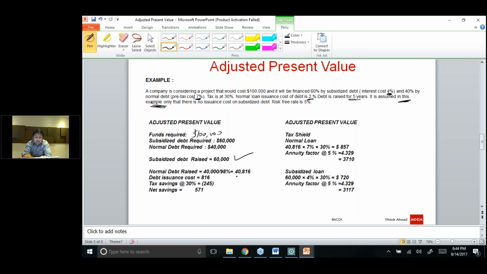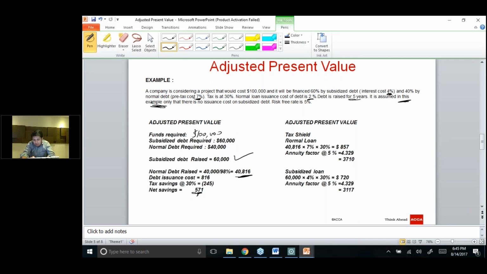So normal debt required is 40,816. Issuance cost is 816. Tax saving is 245. In exam, normally in past paper questions, examiner does not calculate tax saving on issuance cost. So there is no problem if you have calculated it. Obviously, examiner will not deduct the marks. And net saving is equal to 571.